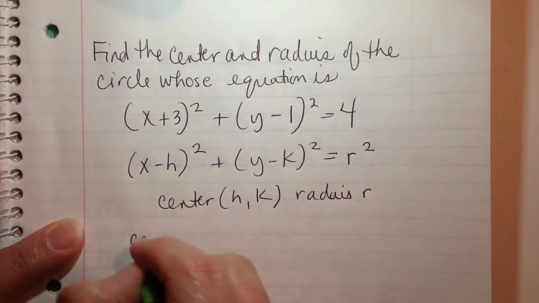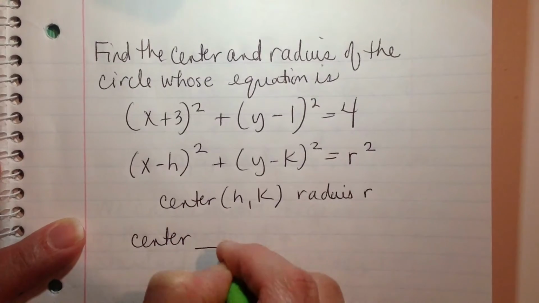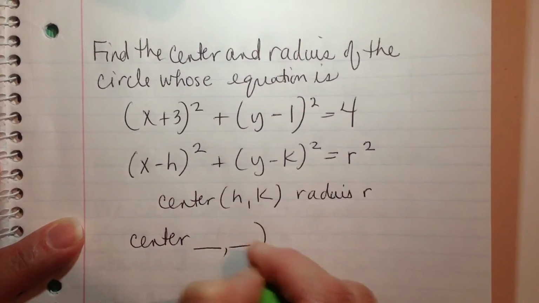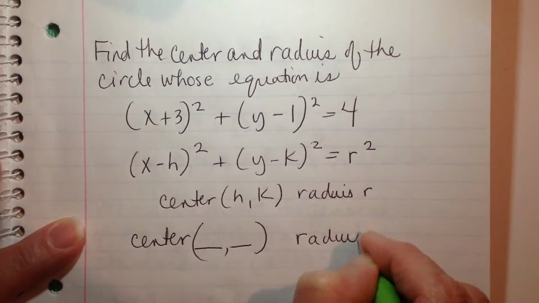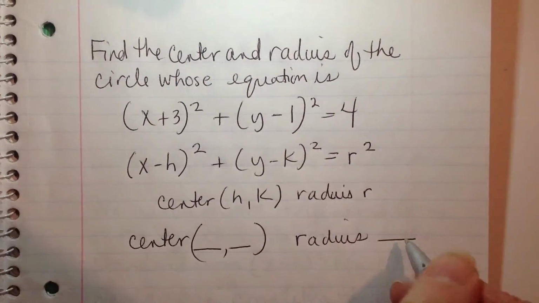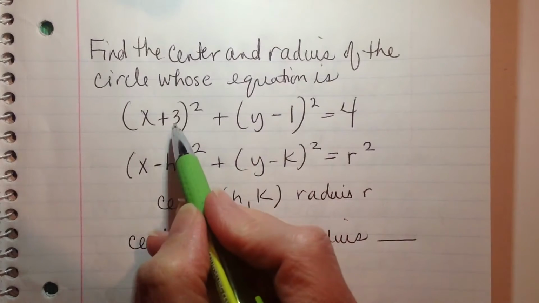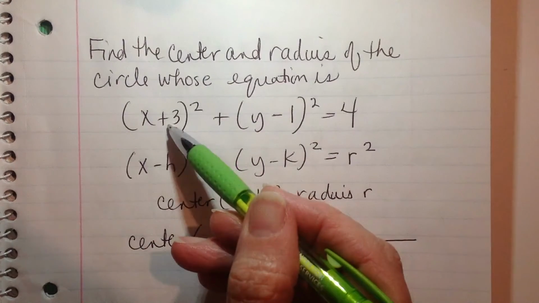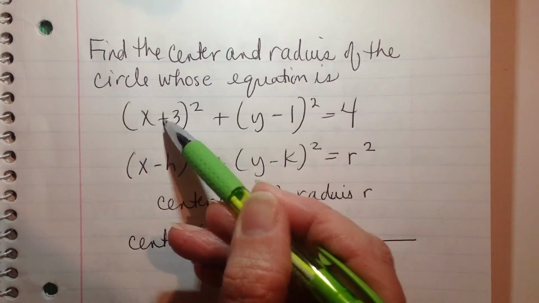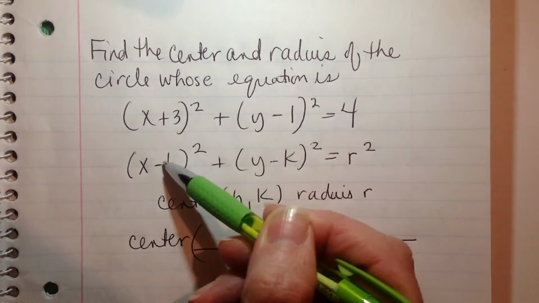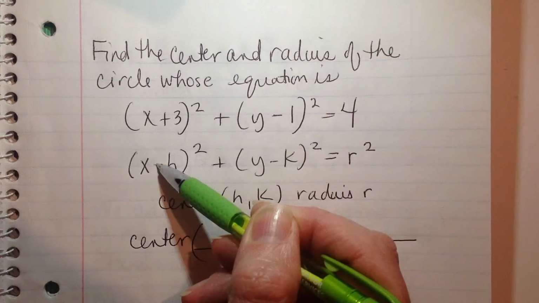Now, my center for this problem is your h and your k, and your radius is your r. So you have to think about what was plugged in for h in order to get plus 3, because your formula comes with the minus sign.